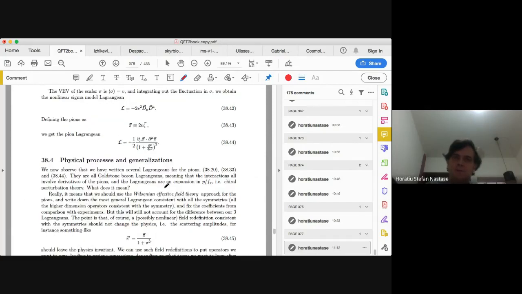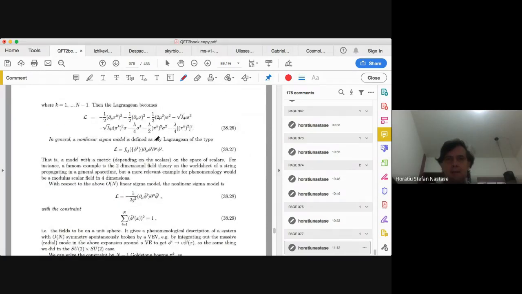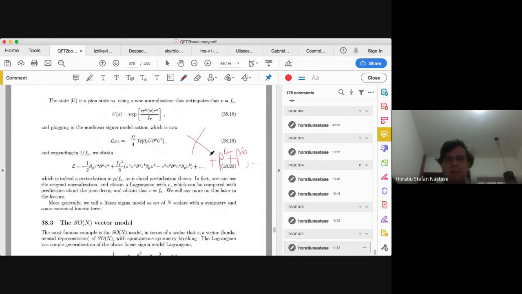So what's going on? Which is the correct Lagrangian? They're all Goldstone boson Lagrangians, and they're all 2 derivatives. So that's another point. I said in here that chiral perturbation theory contains also p to the 4, p to the 6, and so on terms. So this is only the part with 2 derivatives in the Lagrangian.